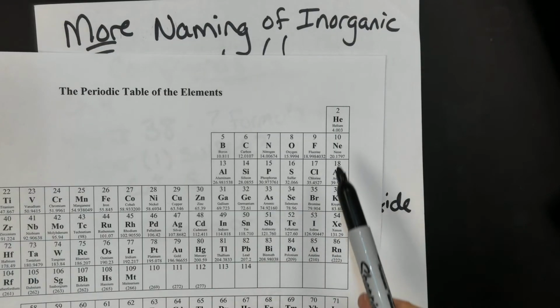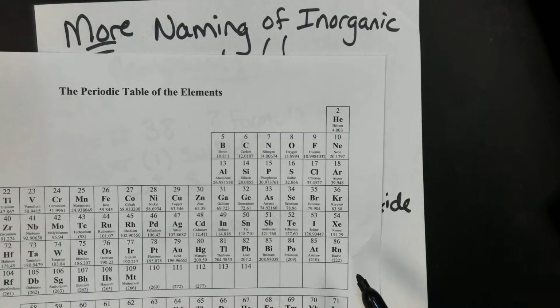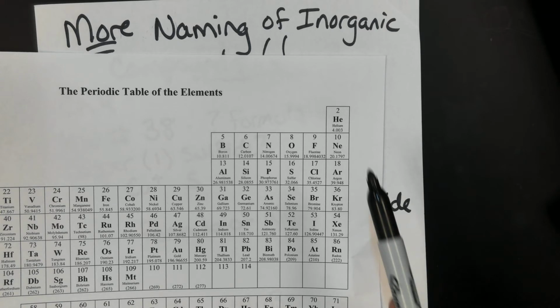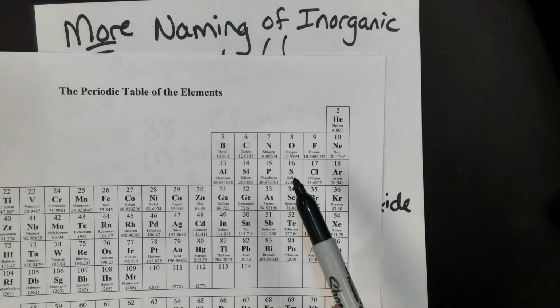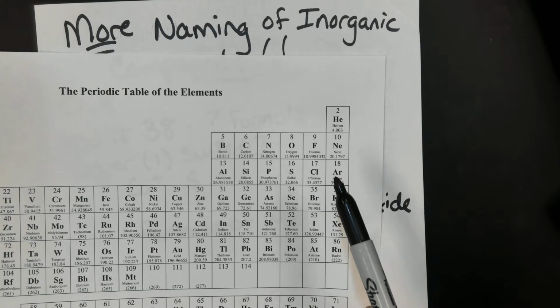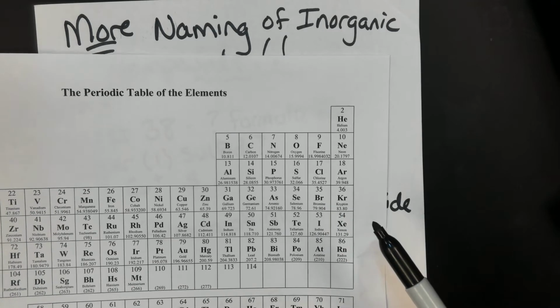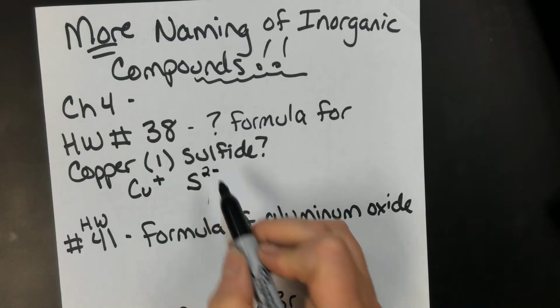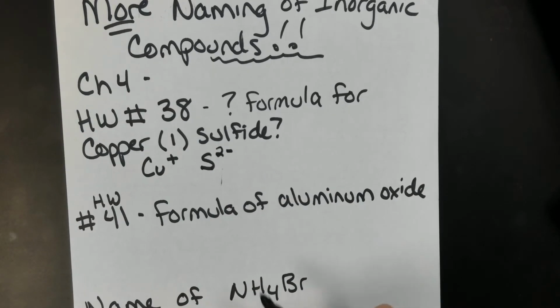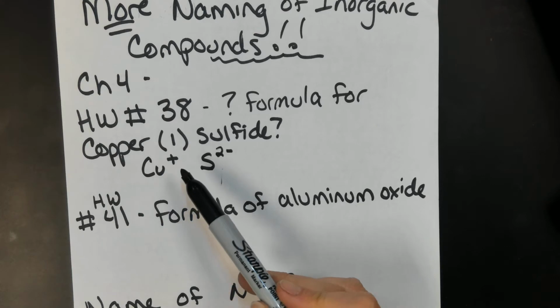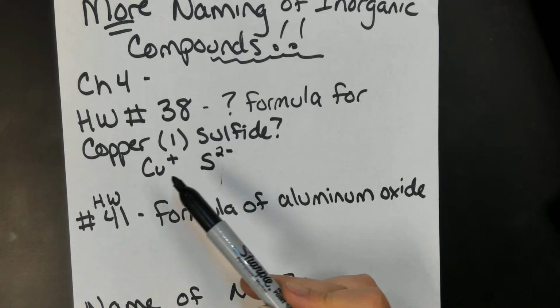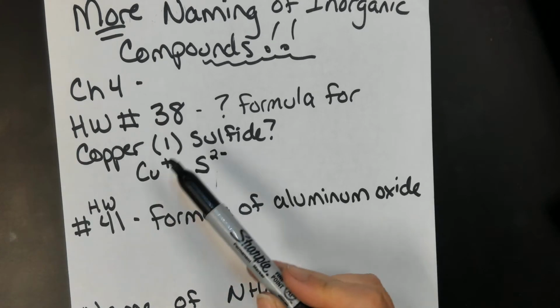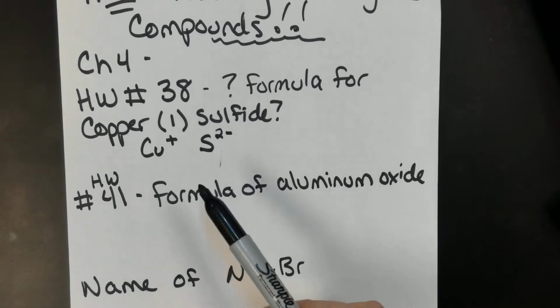What charge does sulfur have by itself? In order to be in this coveted right column, group 8A, sulfur would have to gain 1, 2 electrons. When you gain 2 electrons, you are a 2-. So how many of each do we need to balance out and have a completely neutral compound?